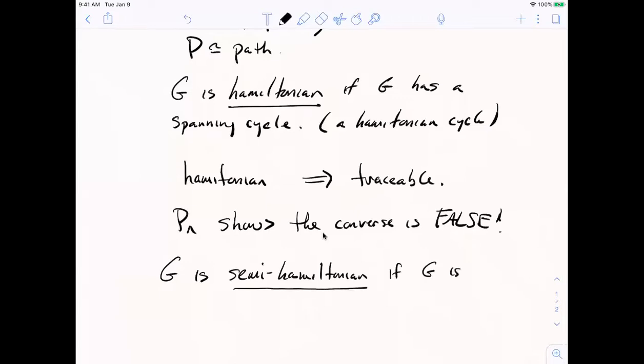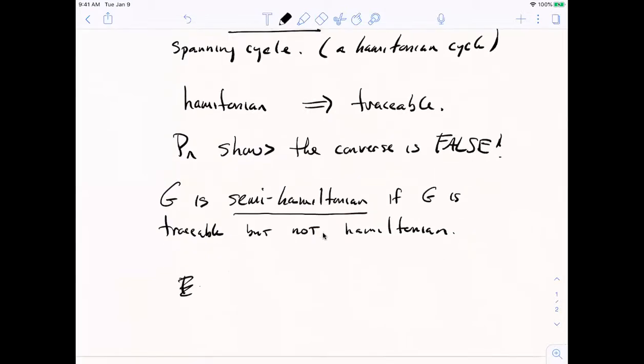Okay, so what's an example? Pn. Pn is semi-Hamiltonian. Cool.